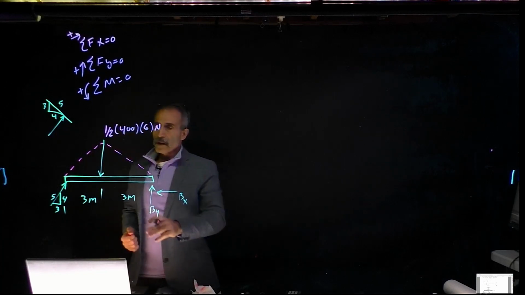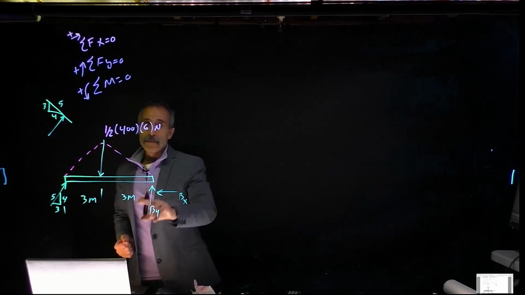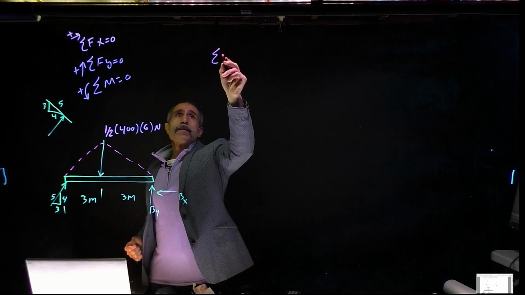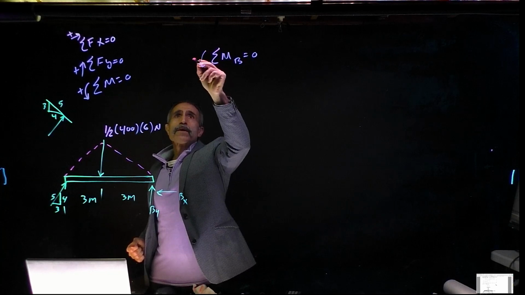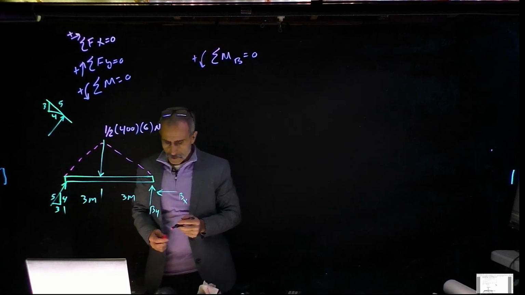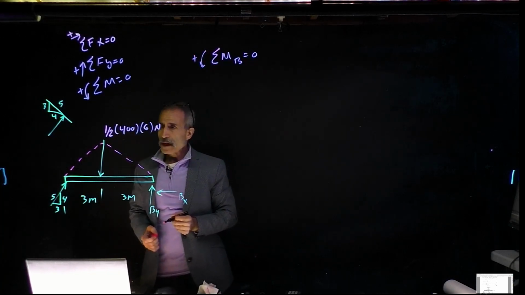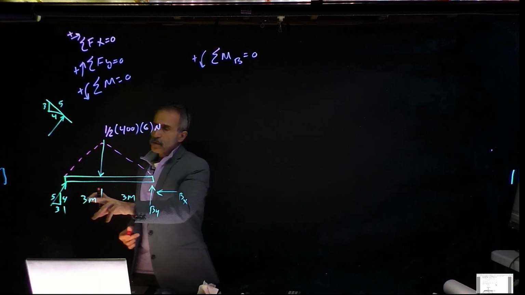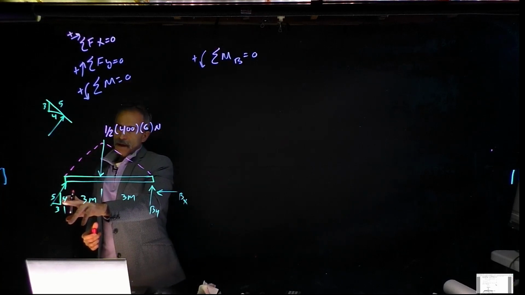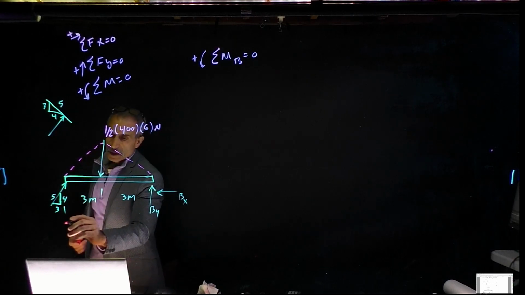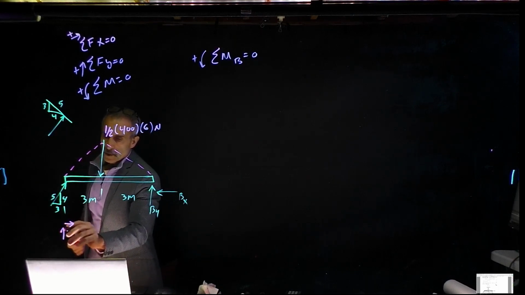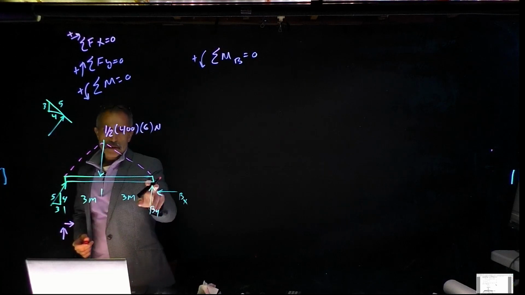Okay, let's take a moment about point B, just as before. The summation of moments about point B is equal to 0, with counterclockwise positive. Looking at this force, it can be broken down into an x component and a y component. The x component is on the same line, so it doesn't do anything.